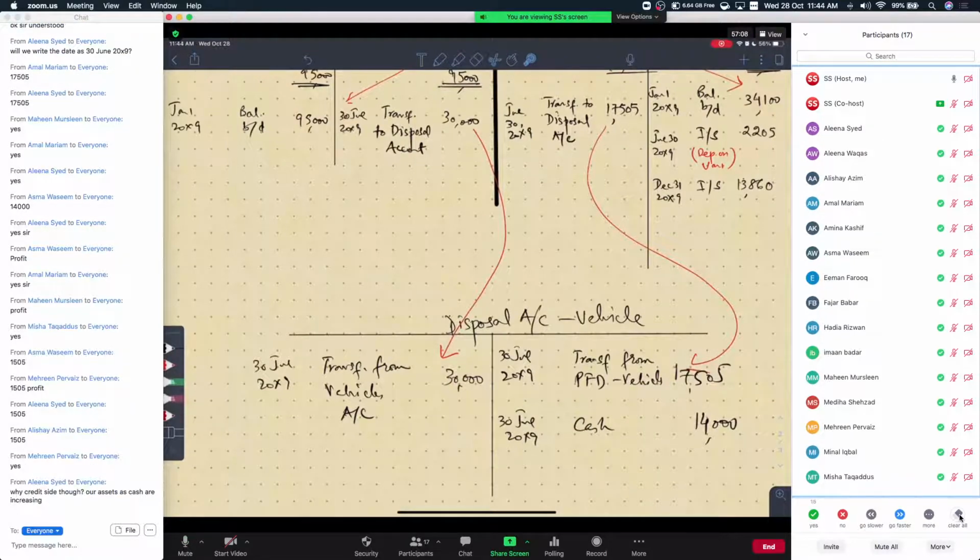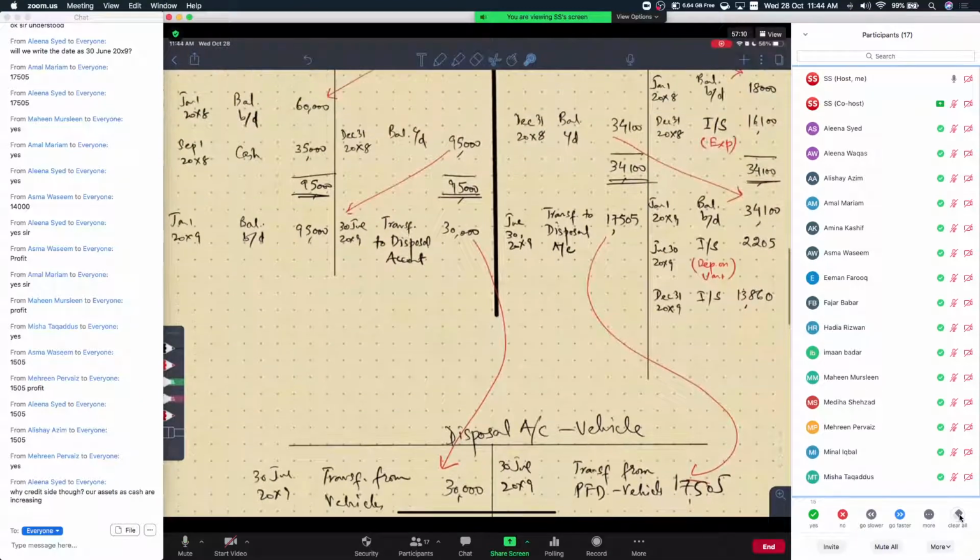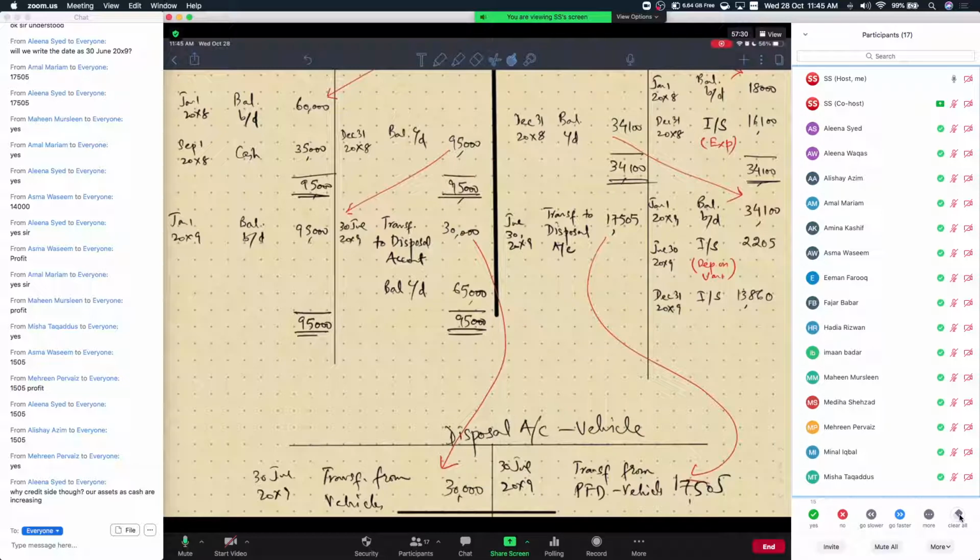So after this, our vehicles account is complete, so we are going to close it down just like normal. We do $95,000 here on the debit side, subtract $30,000, and you can see the balance to be carried down to the next year comes to 65,000, which only represents van 2 and 3, not van 1, because that is what we wanted to achieve.